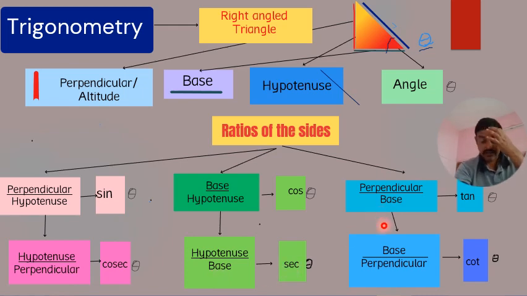And the last ratio, the reciprocal of the third ratio, base upon perpendicular, we call cot theta. So these are the six different ratios: sine theta, cos theta, tangent theta, cosecant theta, secant theta, and cotangent theta. So this is what today's video on trigonometry is about.